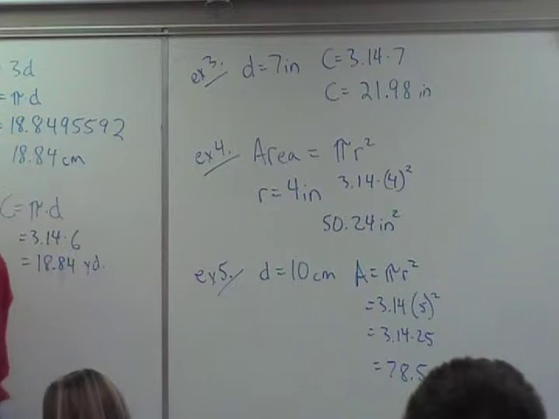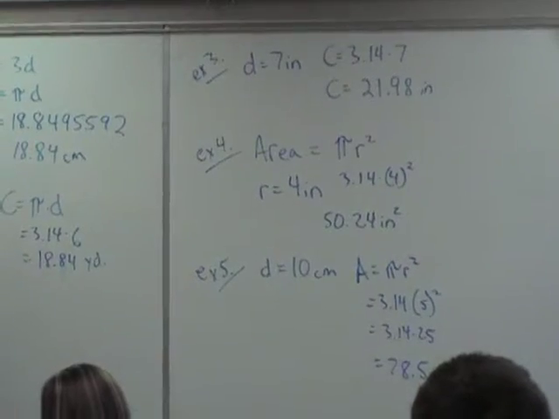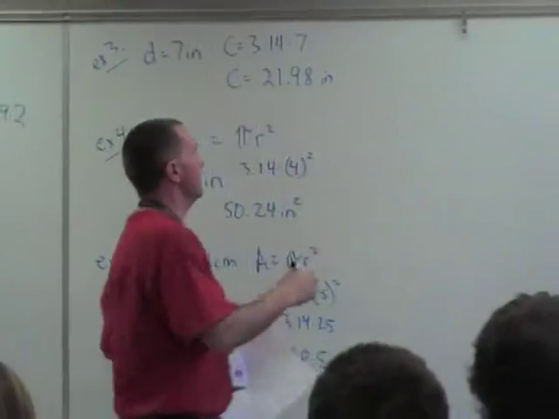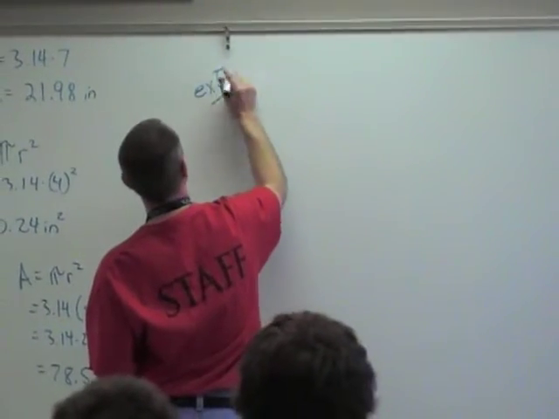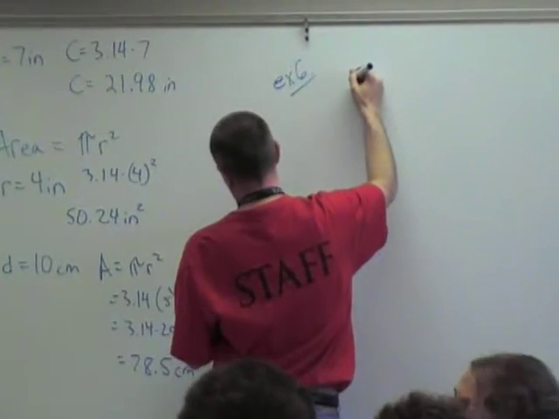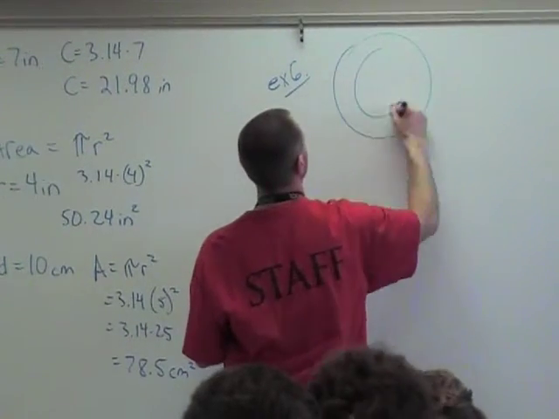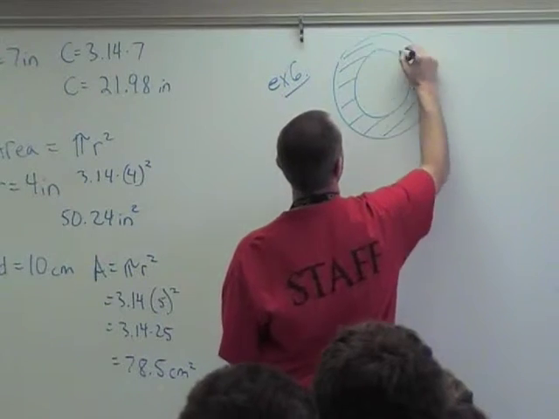Alright, so here we have this rotor, and I want to know the area of the shiny part. So, example 6, sorry. Here's your rotor. I want the shaded part here.